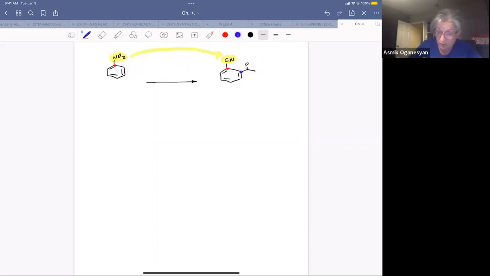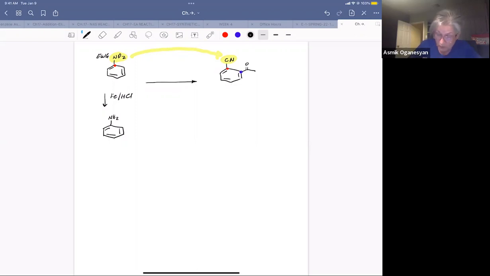First, we have a nitro group, which is electron withdrawing group. We're going to convert it into electron donating group. As we've learned already, NO2 can be easily converted into NH2 by Clemmensen reduction reaction.